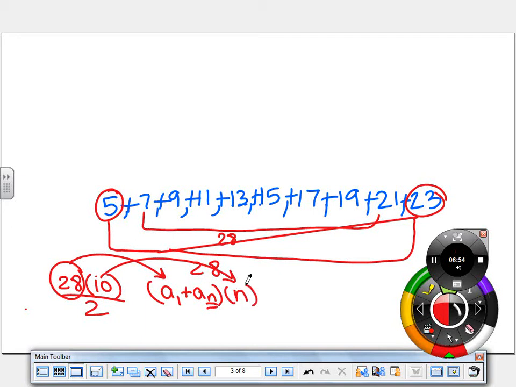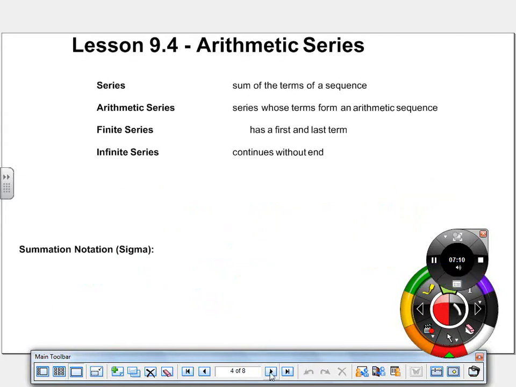And then what did I have to do each time that I did those operations? Divide by 2, because we weren't really using it that many times. We were using it half that many times. So this formula that we just came up with is actually the sum formula for our arithmetic series.